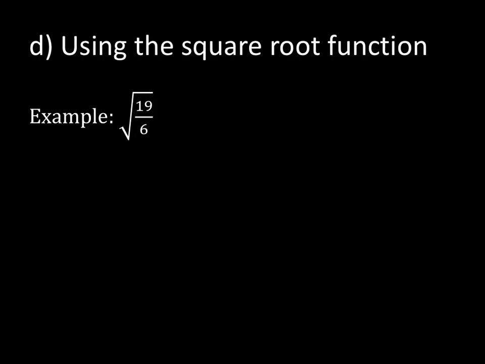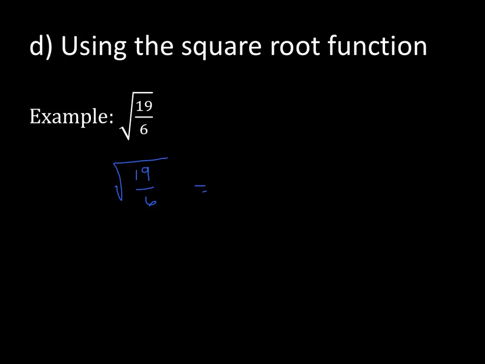And for our last technique, we can just use a calculator. So the square root of 19 over 6: all I need to do to enter this into a calculator is do 19 divided by 6, and I hit the square root button.